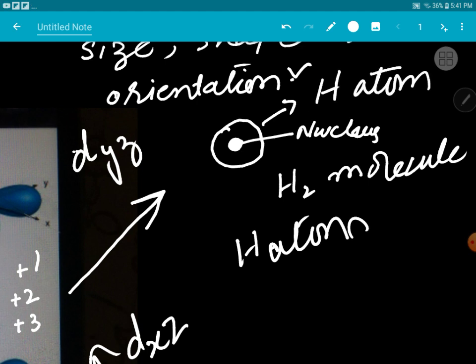In this hydrogen atom, the number of electrons is 1, which is near to the nucleus, so the chance of the electron being present near the nucleus is high.